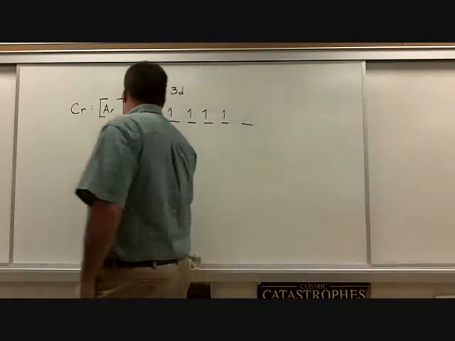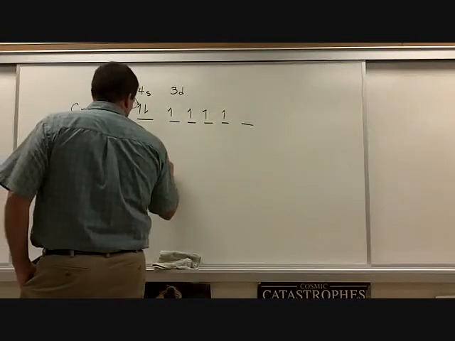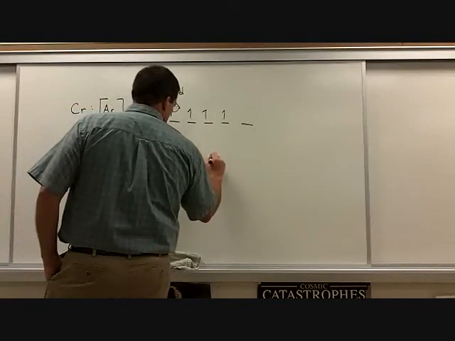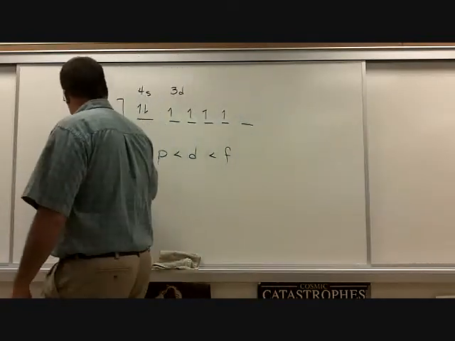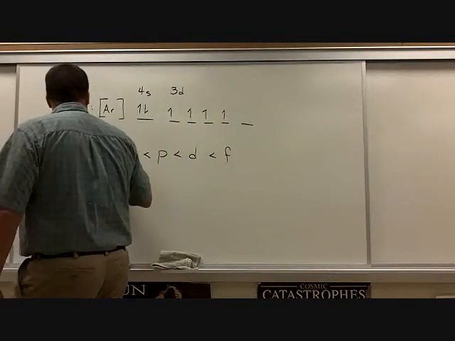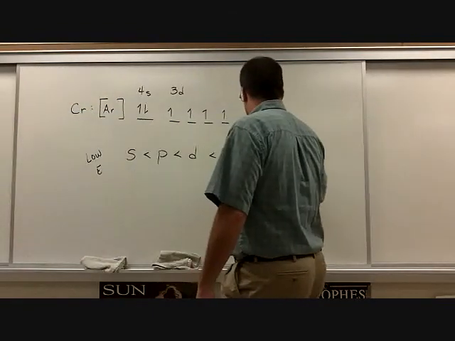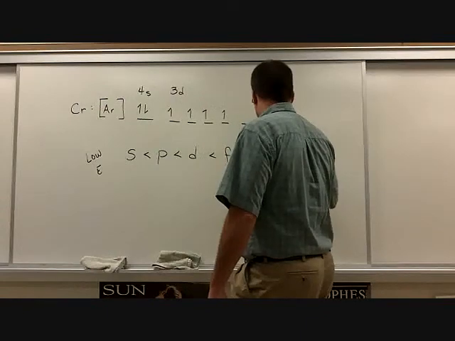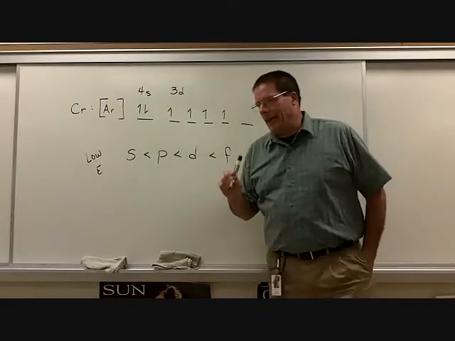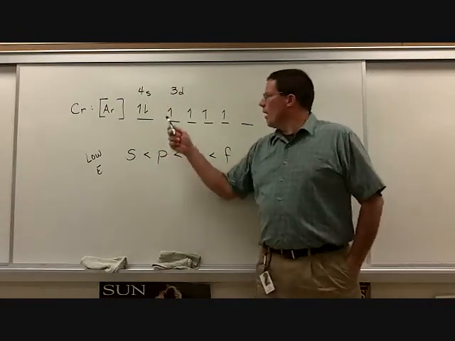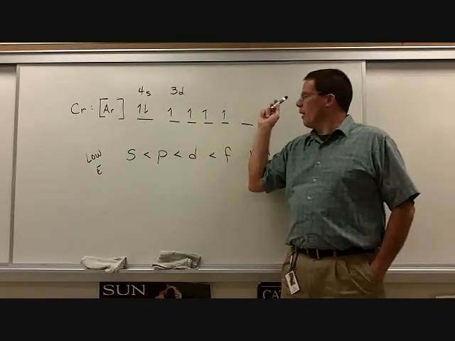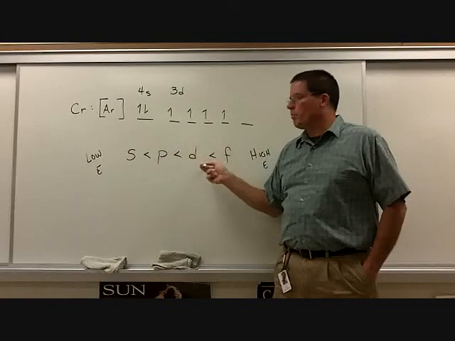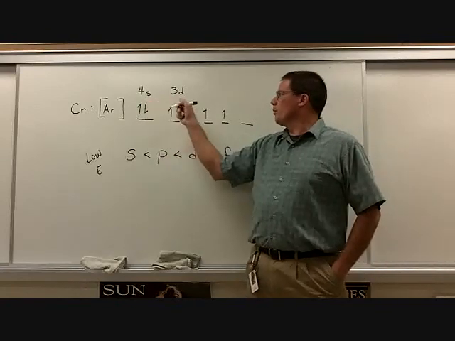Now remember from writing the electron configurations that the s's have the lowest energy for our orbitals, and the f's have the highest energy. So we don't want to write 4s, 4d, 4p, because that would say that d has lower energy than p. That's why we do the 4s, 3d.